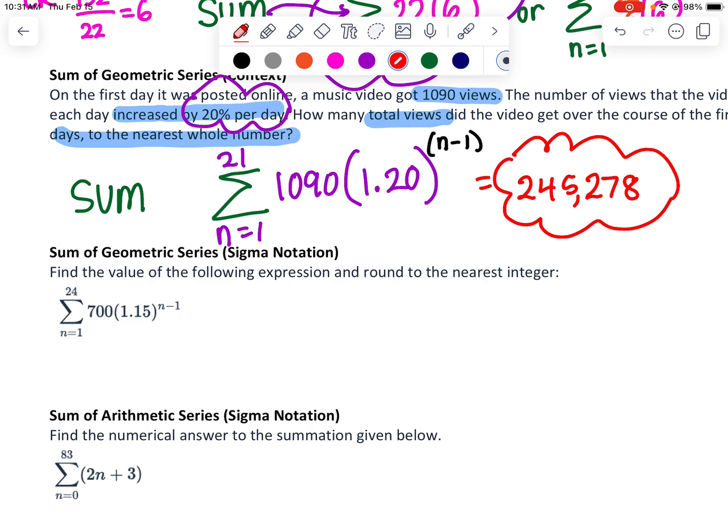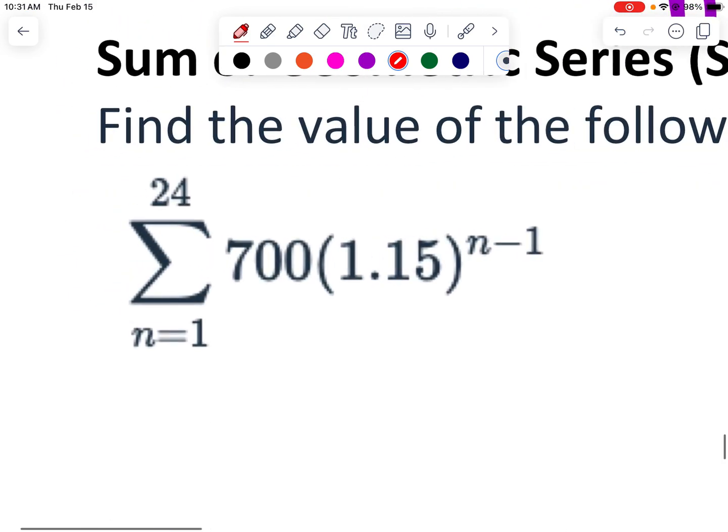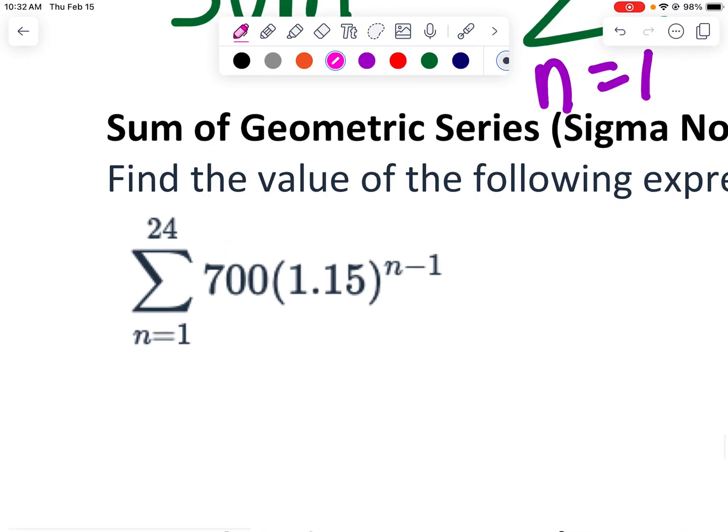All right, find the value of each expression. This one you should be able to figure out what it's saying. It says find the sum of the first 24 numbers. The first number is 700, increasing at 15% per day. You can just type this in. Again, remember to get the sigma, you type in sum, and then remember to put parentheses around the n minus 1. So I'm going to type that into my Desmos.